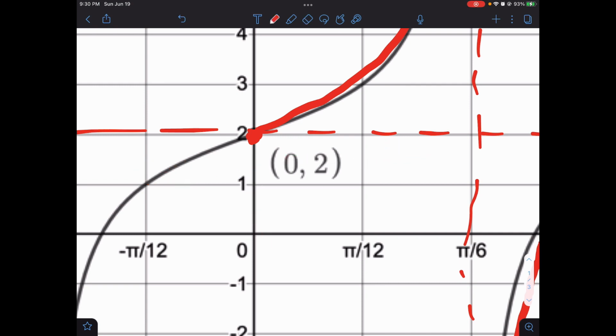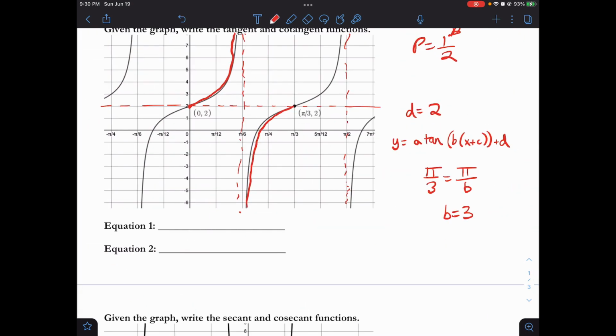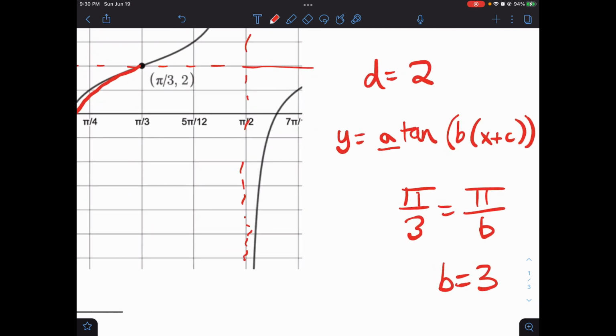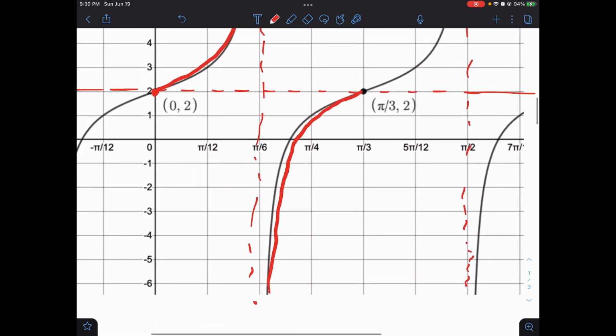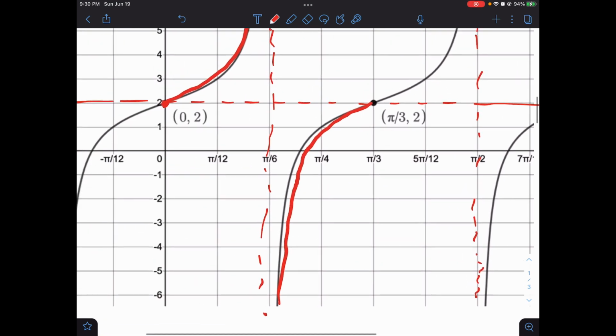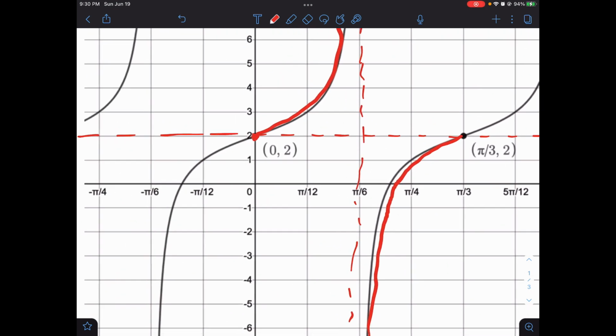But now let's figure out our vertical stretch or vertical compression. To do that, we go from the asymptote to the midpoint between, right here. So this is our period, right?